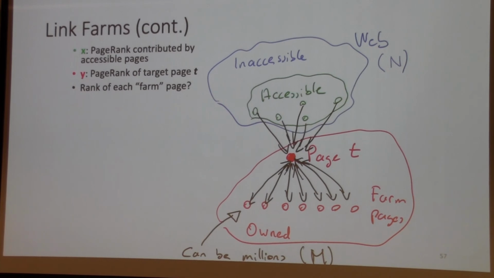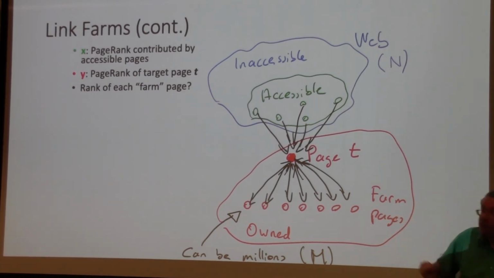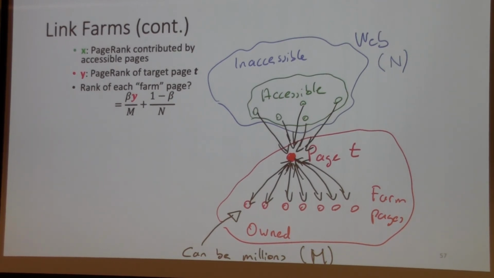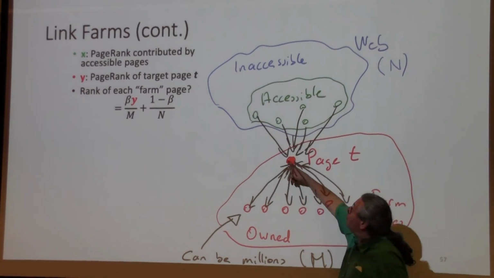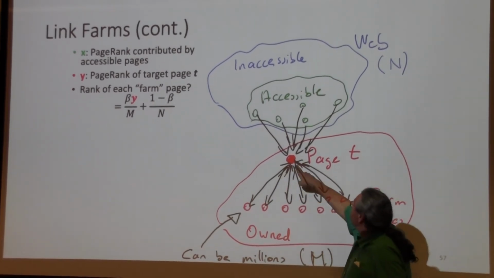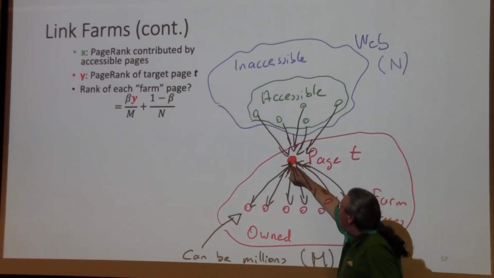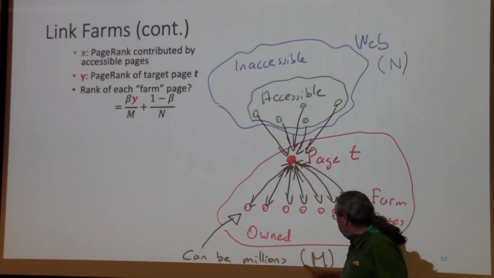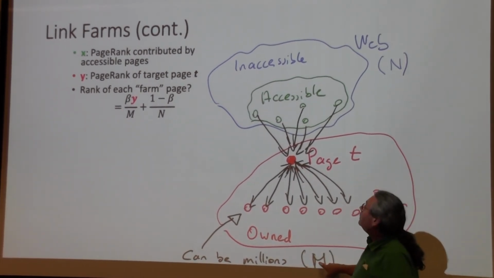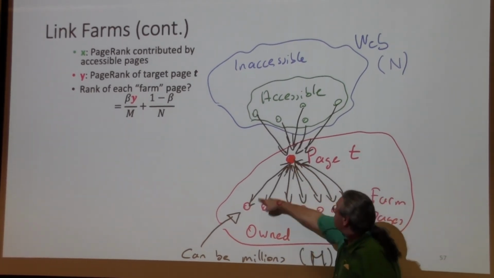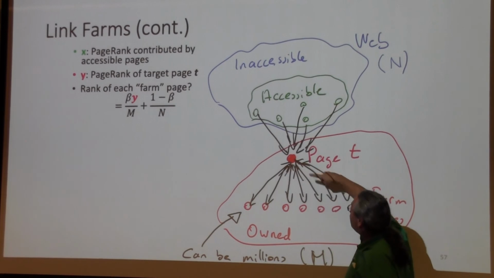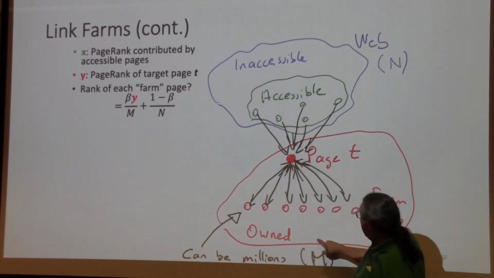What is the rank of these farm pages? Okay, the rank of a farm page, you can compute it. This page has a certain rank, y, and there's m farm pages. So when you do the random walk, you have a beta probability of leaving here, and you have it divided over m.